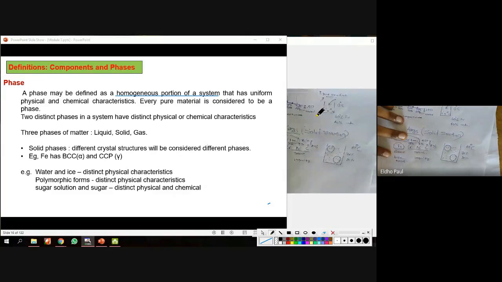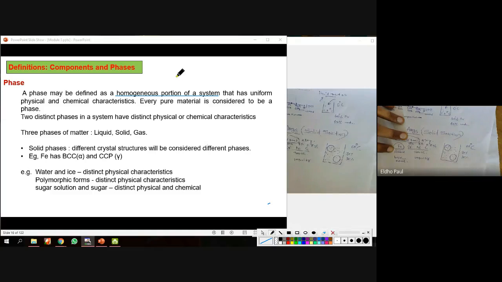In this liquid solution system, if we consider any such small portion, it will be homogeneous and the physical and chemical characteristics will be uniform. What are the physical characteristics? Physical characteristics means here we can see in two spaces both are in liquid state. This is a liquid solution. The sugar is added, but it is properly dissolved in the water and forms a liquid solution. So the entire material is in liquid form, and the physical characteristics are the same for these two regions.